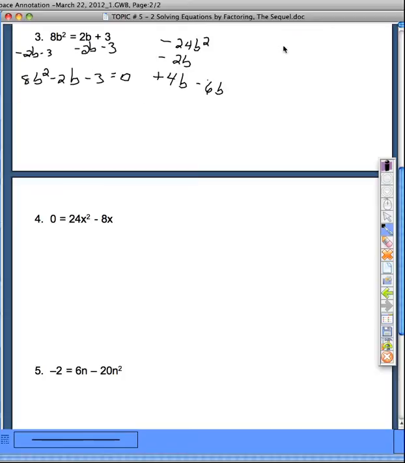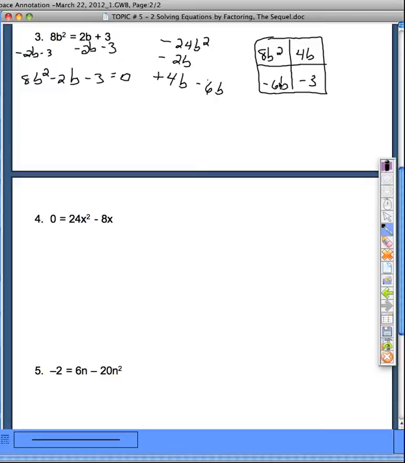If you use the box method, we're going to put our squared term in the first box and our negative 3 in the bottom right, and the 2 numbers that we've just discovered in the alternate boxes. 8 can be 8 times 1 or 2 times 4.